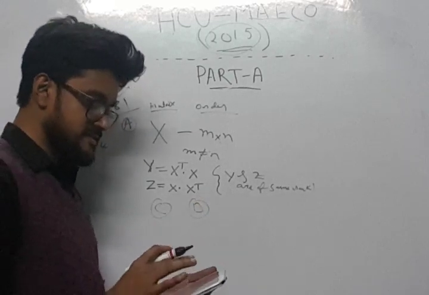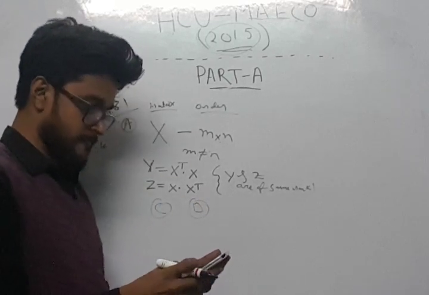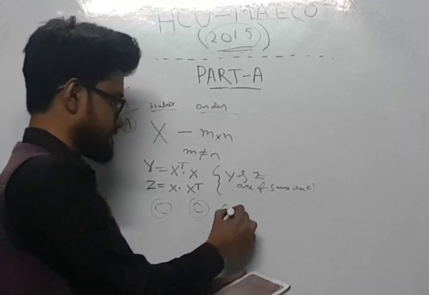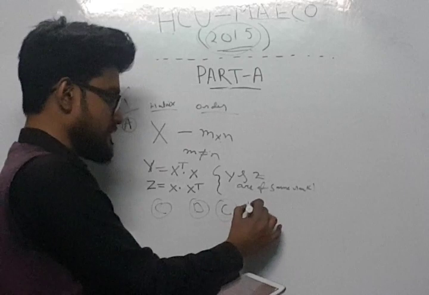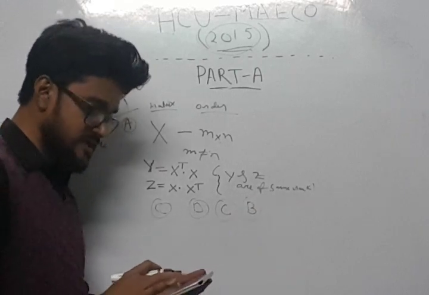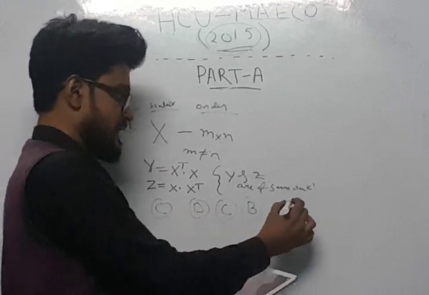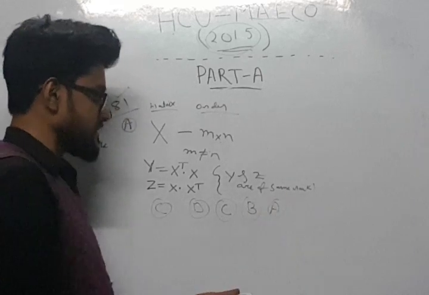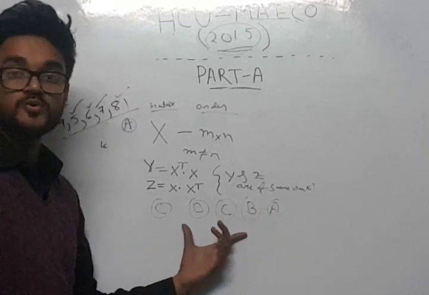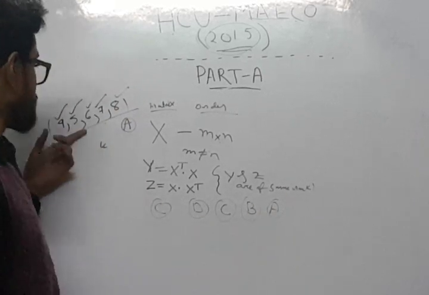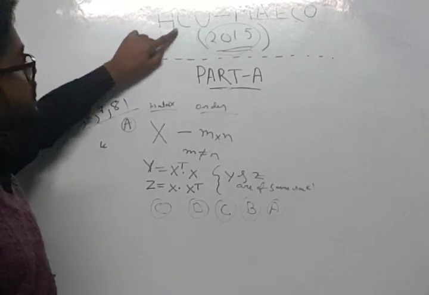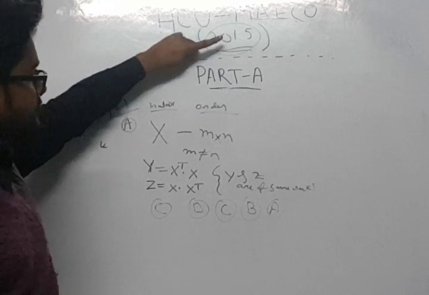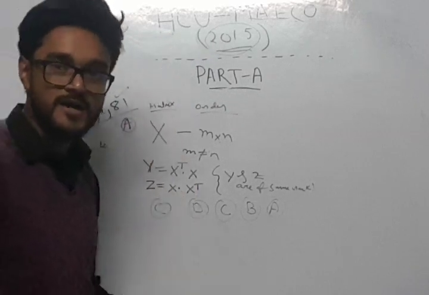For question number 6, the answer was C. For question number 7, the answer was B. For question number 8, the answer was A. So these are the solutions we worked out today for questions 4, 5, 6, 7, 8 from the HCU MA Economics 2015 question paper, part 1.